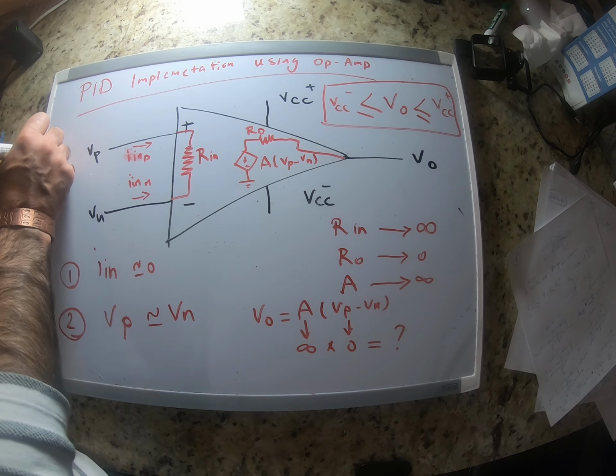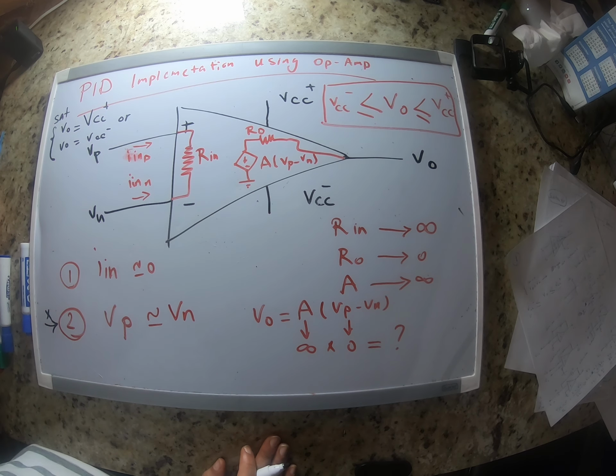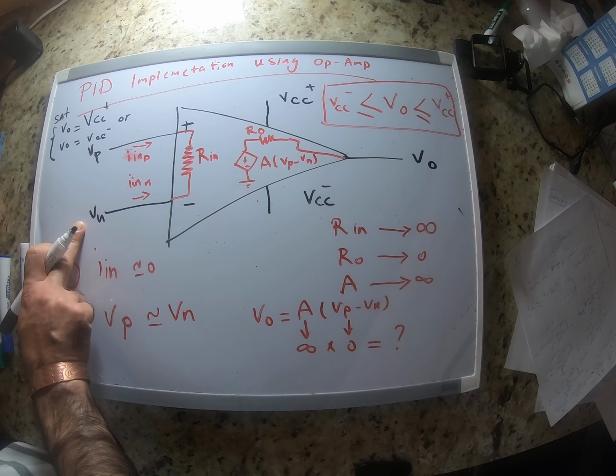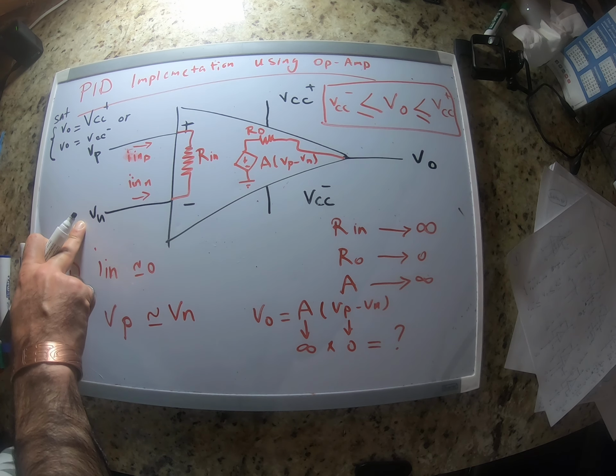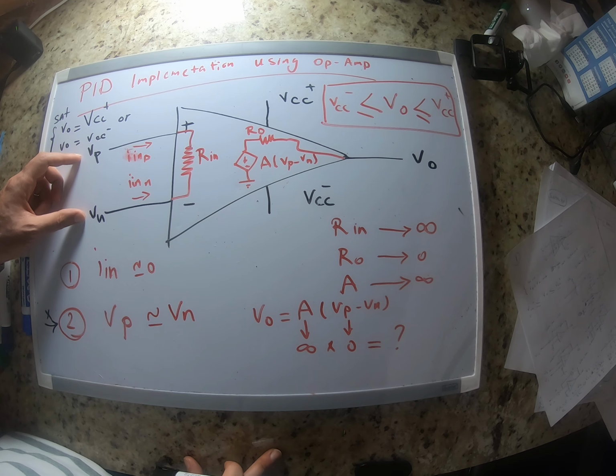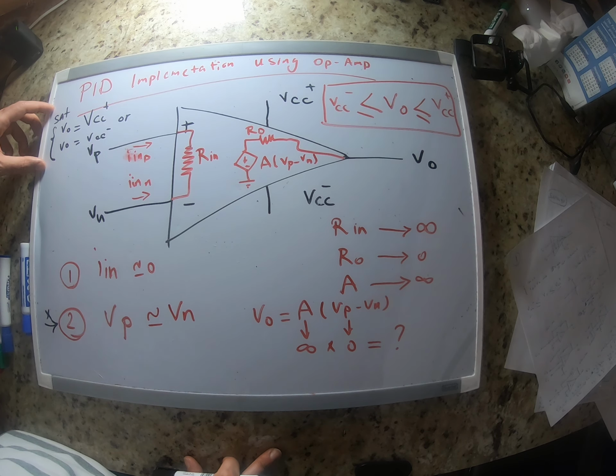It means that VO either becomes VCC plus if it's very large, or becomes VCC minus if it's very small. In that case, this is not true anymore. So VP and VN are going to be different because op-amp cannot keep these two voltages the same when we are in saturation.